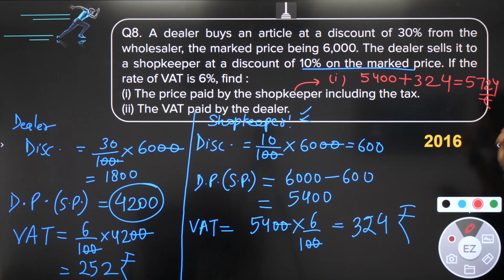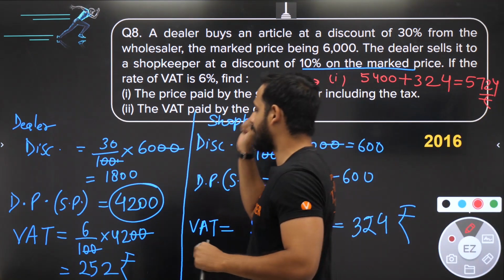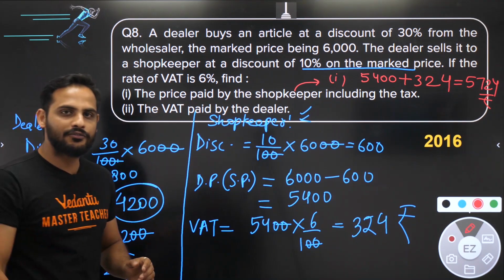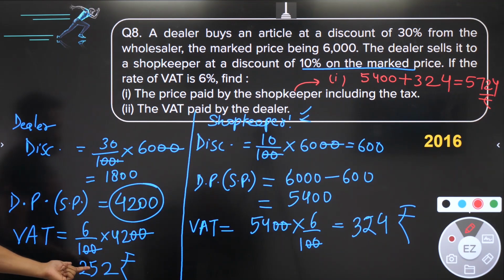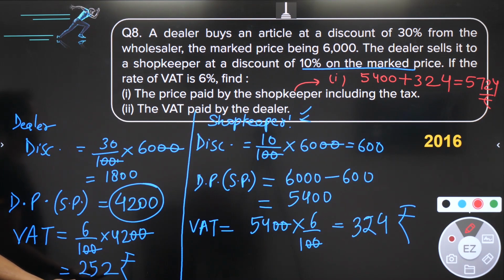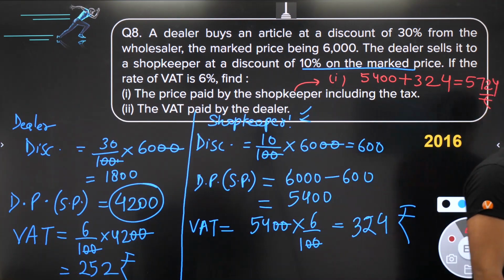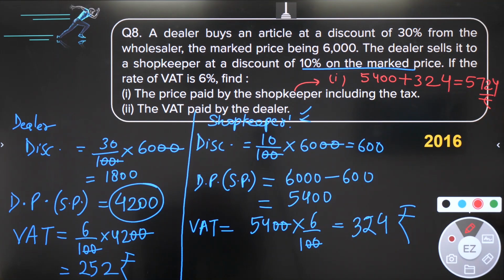Now the next case is very interesting. The VAT paid by the dealer. Now many of you must be thinking that rupees 252 is given here, so this much amount of VAT will be paid by the dealer? No. This is not the case.